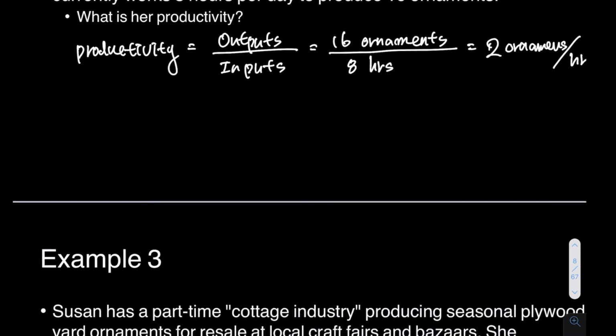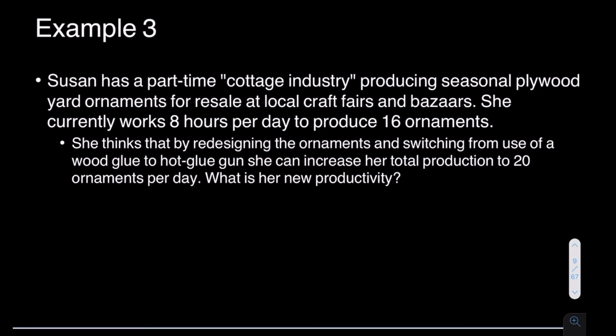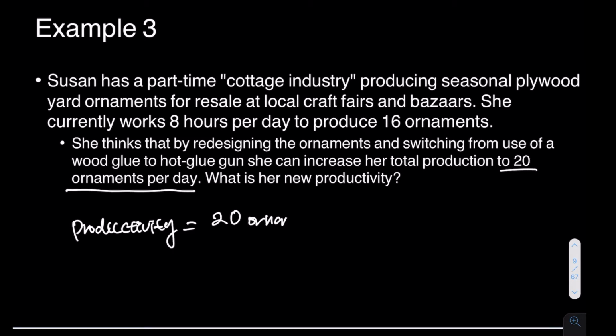So next question is, she thinks that by redesigning the ornaments and switching from the use of wood glue to a hot glue gun, she can increase her total production to 20 ornaments per day. What is her new productivity? For the new one, she can make 20 ornaments instead of 16, but she used the same hours.